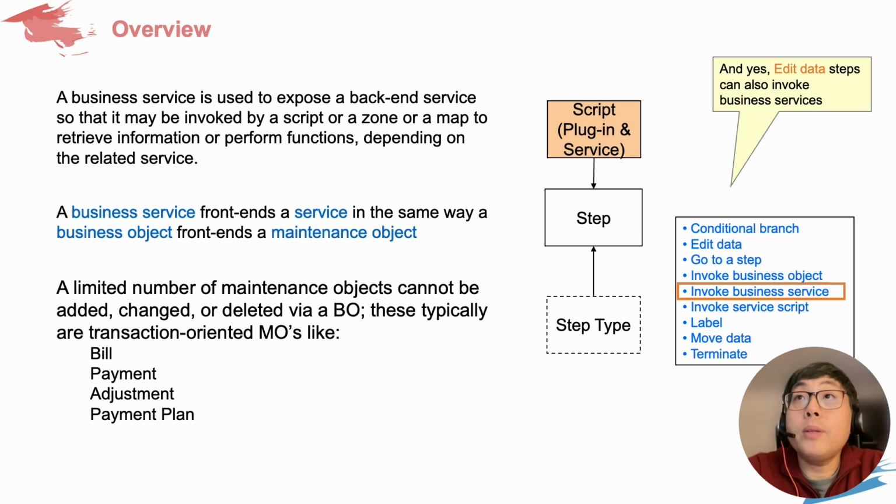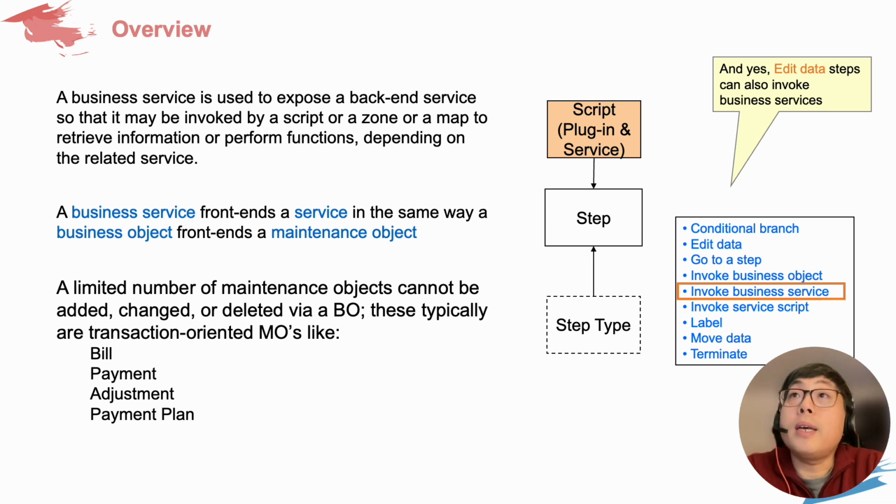On the right hand side, what I've tried to put down is a very simple relation diagram on the business service. If you look at the business service, it's a type of service where, for example, a service script is calling a business service, and within the steps, one type of step is called invoke business service.